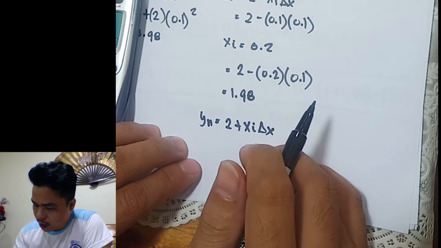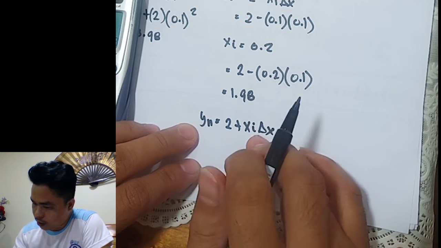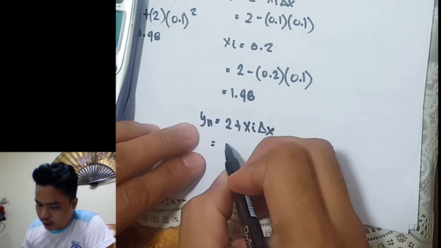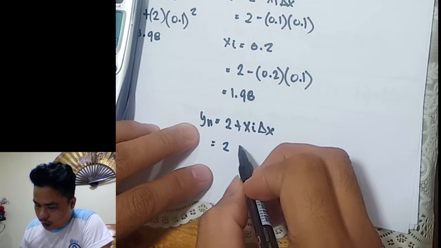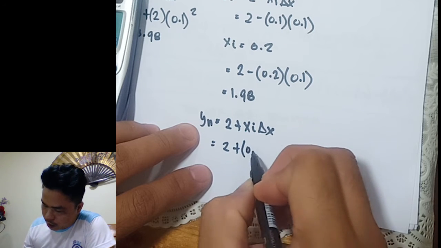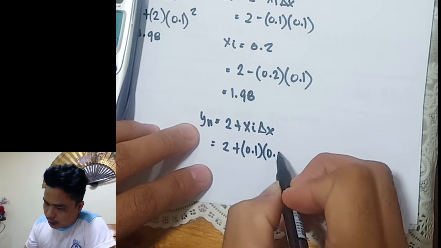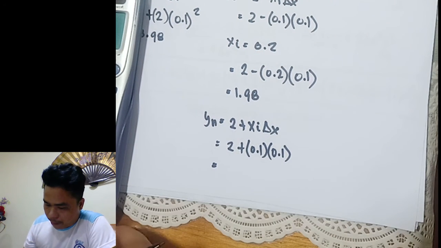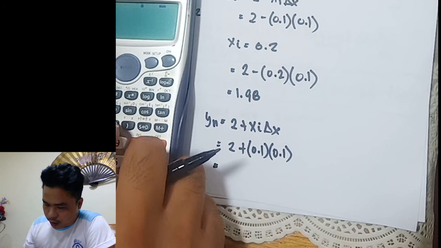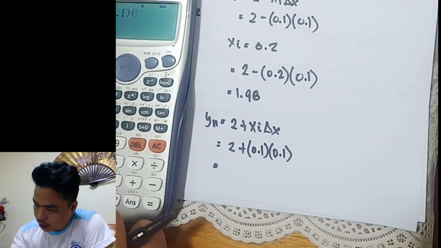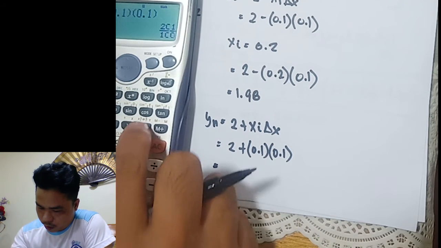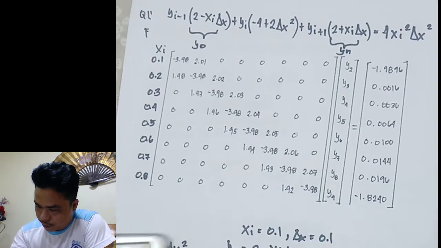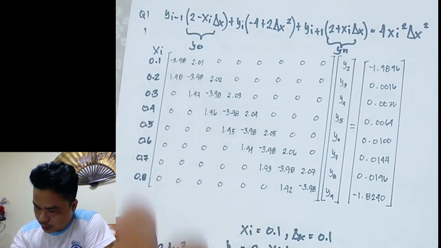We substitute the value of xi and delta x, and the answer is 2.01 here in the matrix.